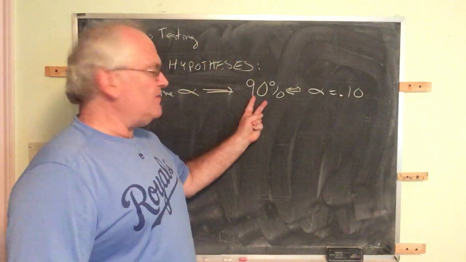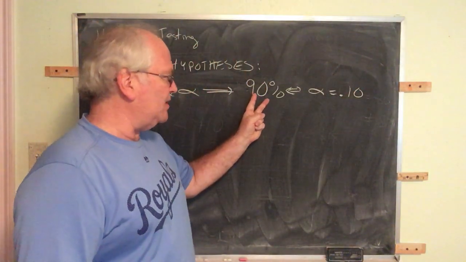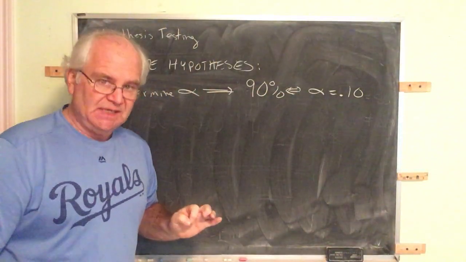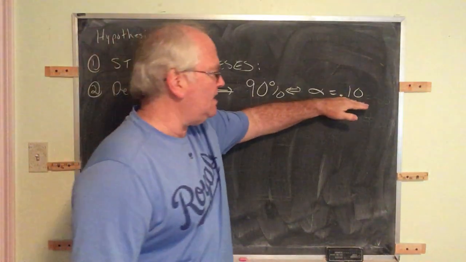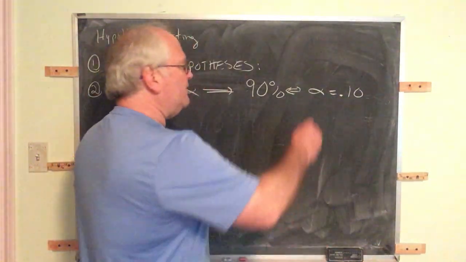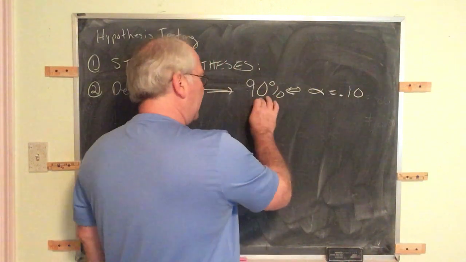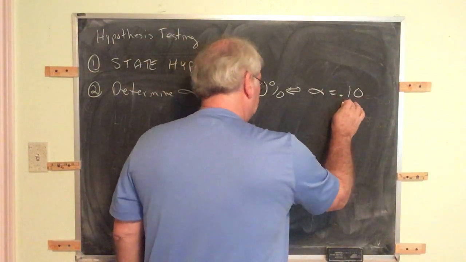Remember that confidence level is typically given as a percent. Alpha is not given as a percent. Alpha is given as a decimal. And so even though you may think 10% all you want, you should write the decimal. At the 90% confidence level, alpha is 0.10.